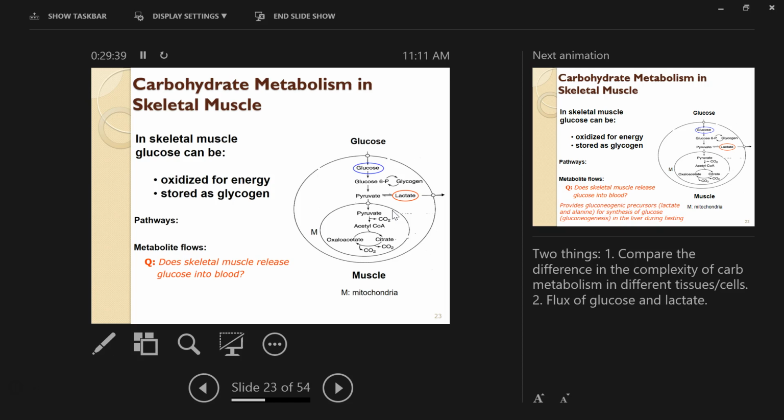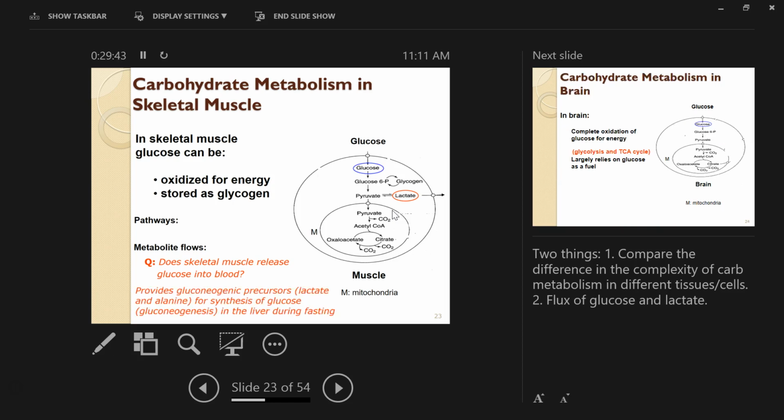We will discuss this again later. But muscle actually can provide gluconeogenic precursors, right? Lactate, which I just mentioned, and also amino acids like alanine, for gluconeogenesis in the liver.